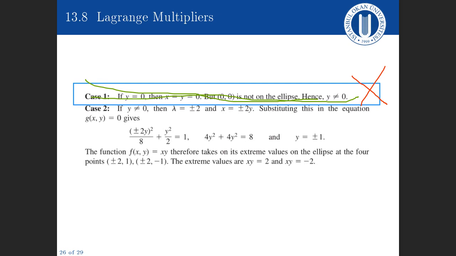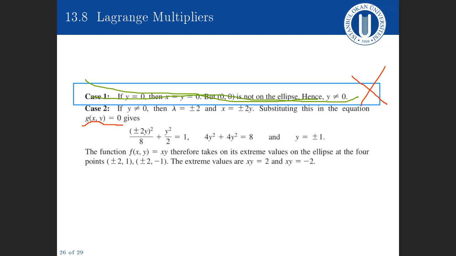Next, let's look at case 2. If y is not 0, then lambda is either plus 2 or lambda is minus 2. But then x must be plus 2y or minus 2y. Now that we know this, we can move on to the second equation.